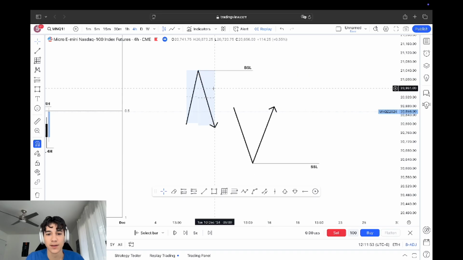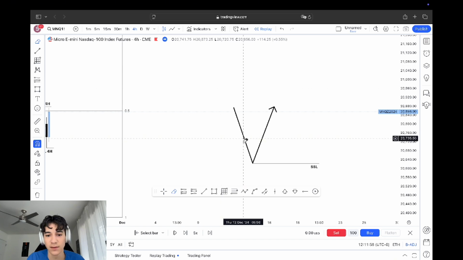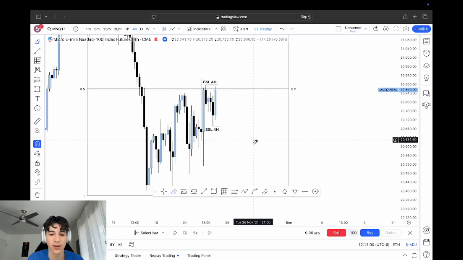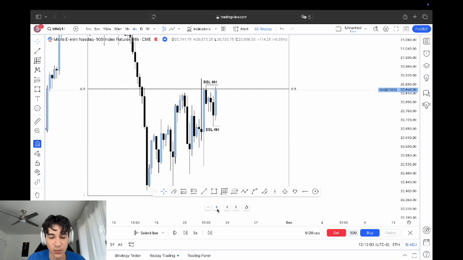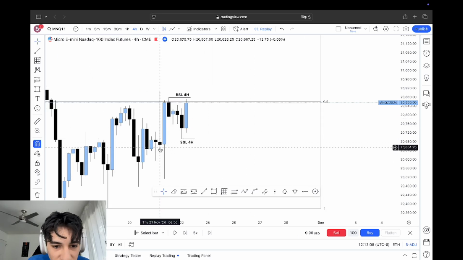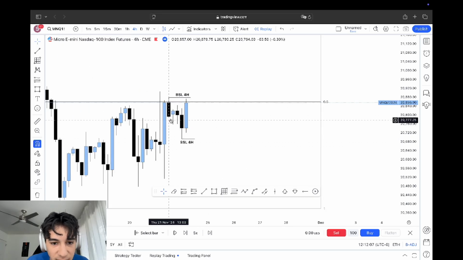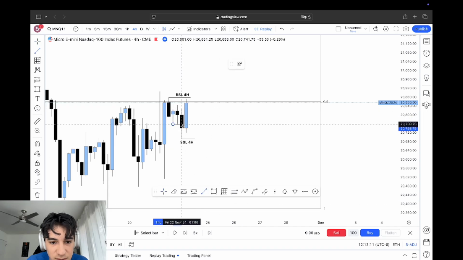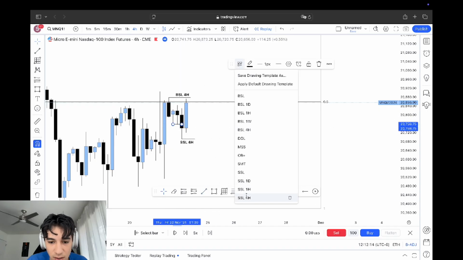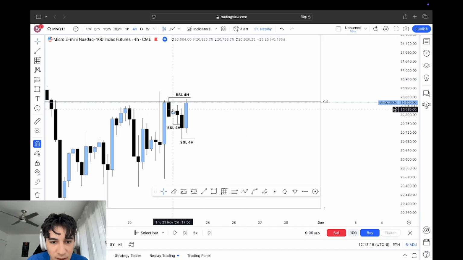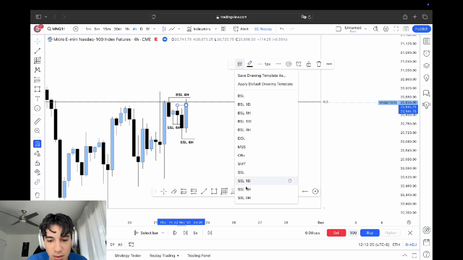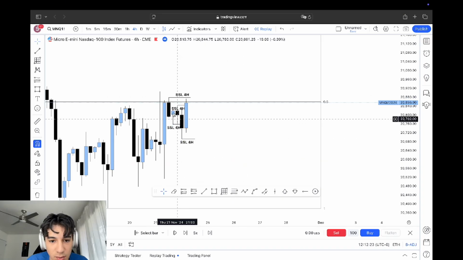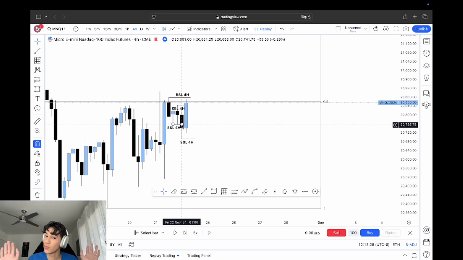So yeah, that's just a quick little thing on liquidity. If you don't know what liquidity is, up and then down, or down then up. And if we go onto the actual chart, we see that we have this up and then down candle, buy side, down then up candle, sell side, up then down candle, buy side again, and then we have a down and then down, so there's no low, right?